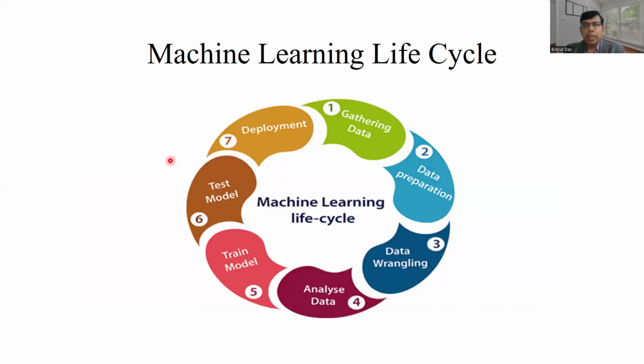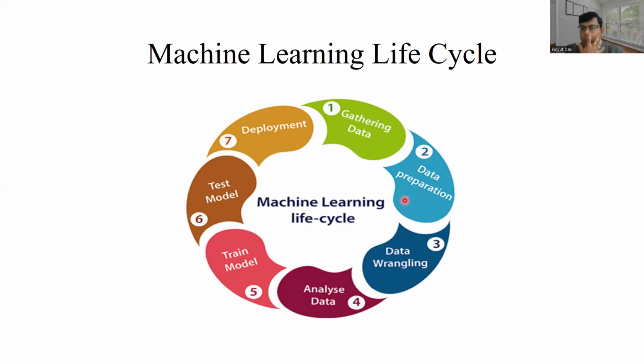Now, the machine learning life cycle. How is a machine learning model built and deployed? At first we are gathering the data. Then comes data pre-processing or data preparation. Pre-processing means that if there is some missing data or unwanted data present in your data set, it should be removed first.